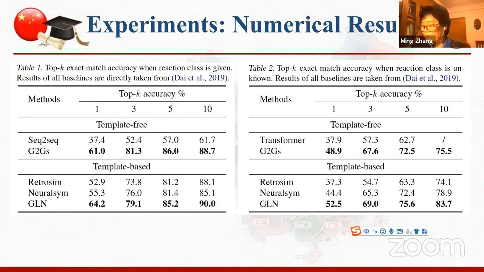The experiment results show that G2Gs achieves state-of-the-art results compared to the baselines.